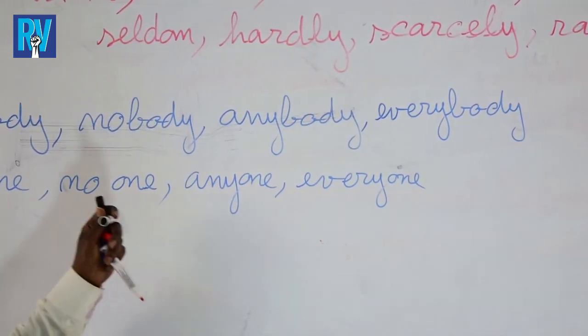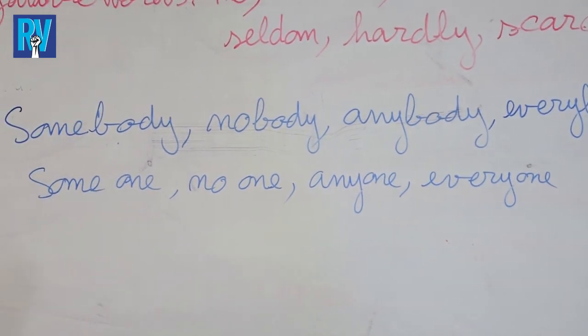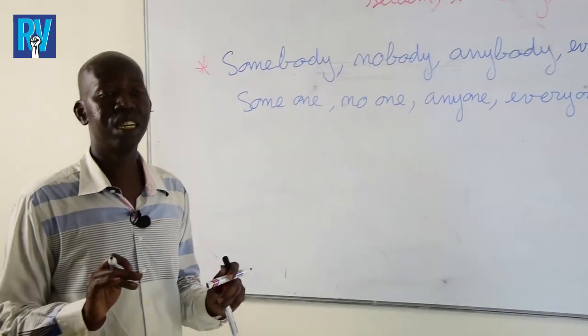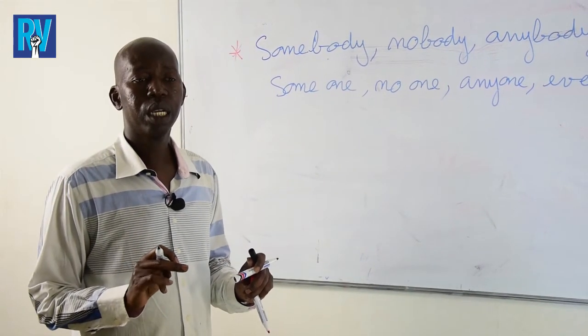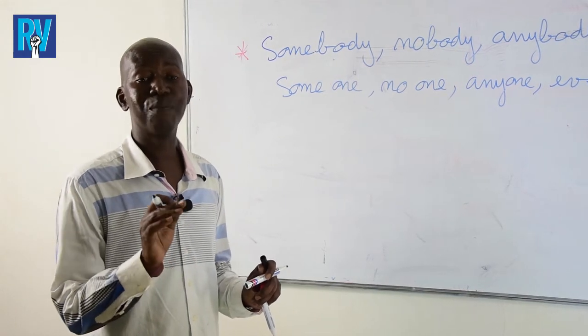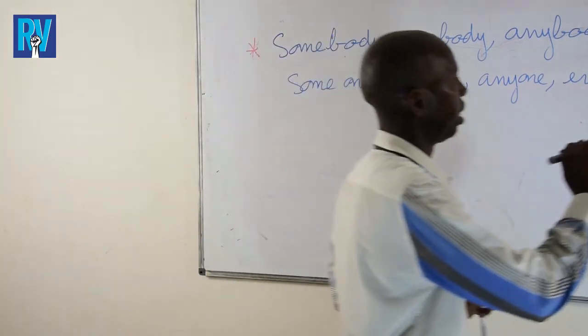Okay, these words always go with a verb at the third person singular. Donc, ce sont des mots qui se conjuguent avec un verbe à la troisième personne du singulier. Troisième personne. Je vais donner des exemples.